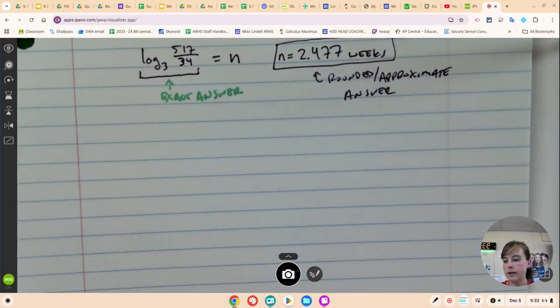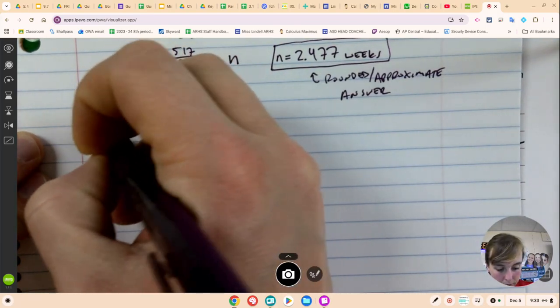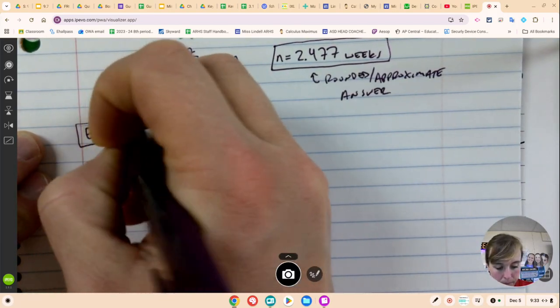Another type of question that we are going to look at, this is our last type of question for today. We're going to be given some different logarithmic expressions, and we're going to be asked, is this expression defined or undefined? So, example number 2.